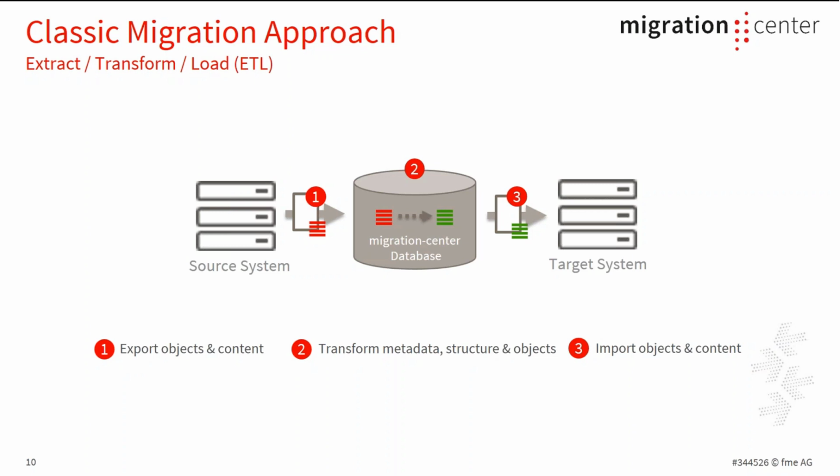Here you could adjust the object model, transform the metadata, and finally, the last step is the import step into the target system, where you import the transformed objects and the content into the target system. So this is a classic approach that, of course, is supported by Migration Center.